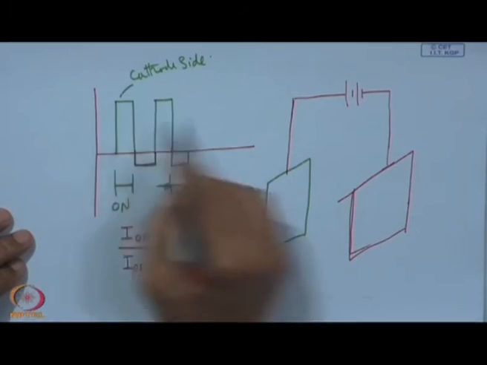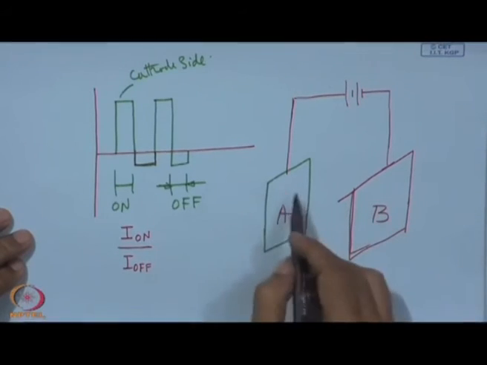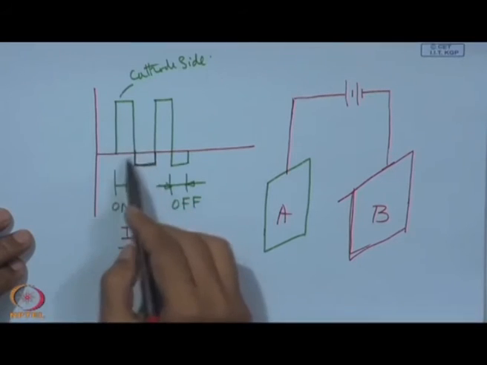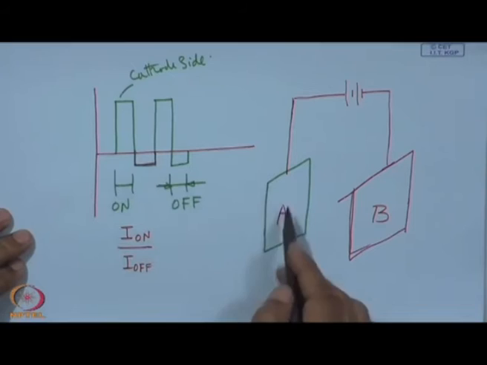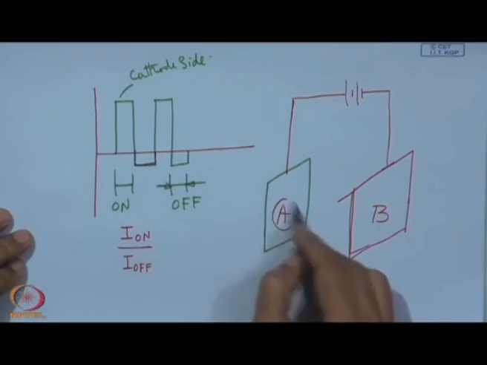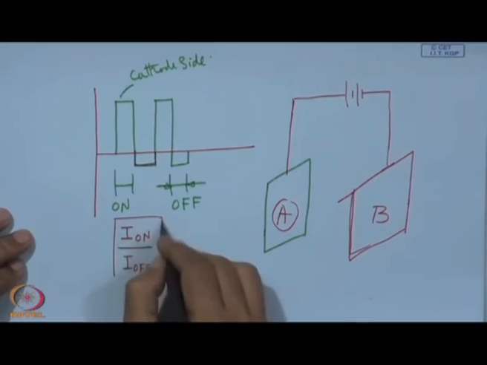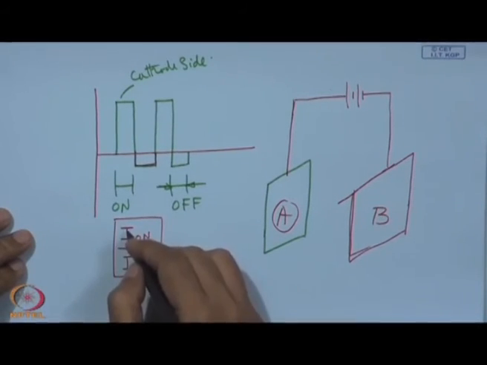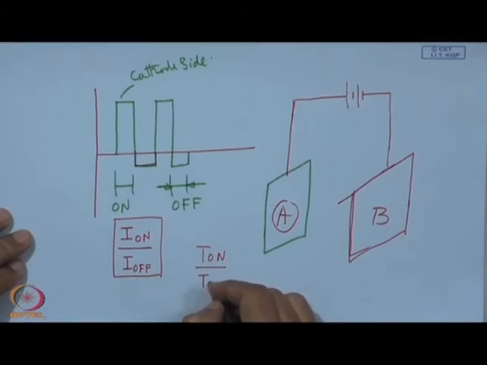And here, this plate, say this is plate A and plate B. Plate A is acting like cathode for this period, and here we have a little bit on the other side. So, it is working like anode here. So, this T on and T off, that is one of the parameters, and this is I on and I off, that is the current, and also T on by T off.